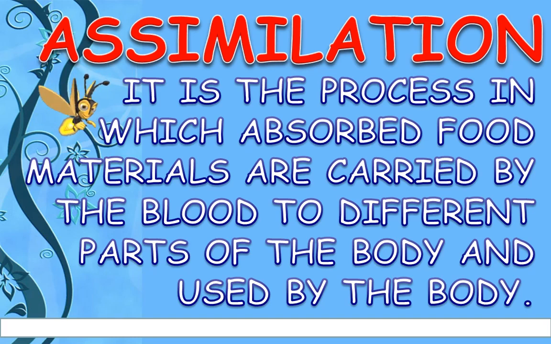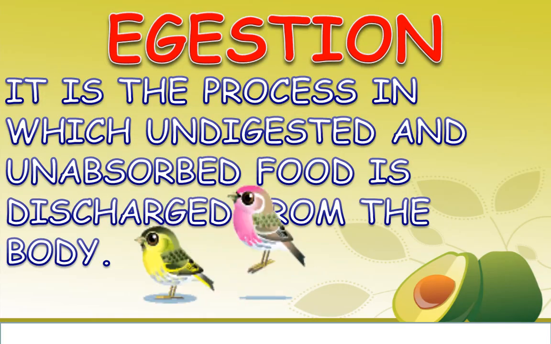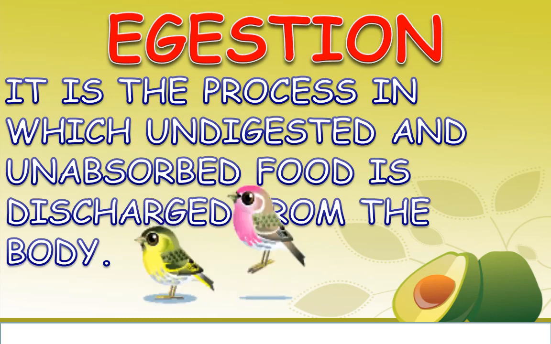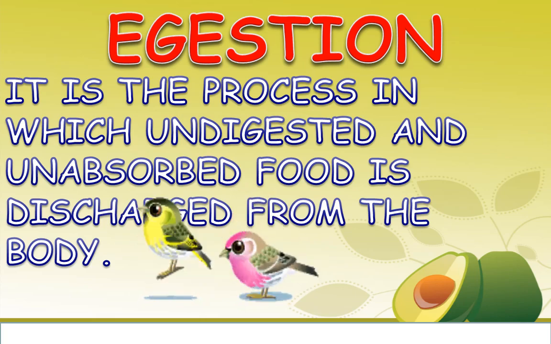It is the process in which absorbed food materials are carried by the blood to different parts of the body and used by the body. Egestion is the last step in which undigested and unabsorbed food is discharged from the body.